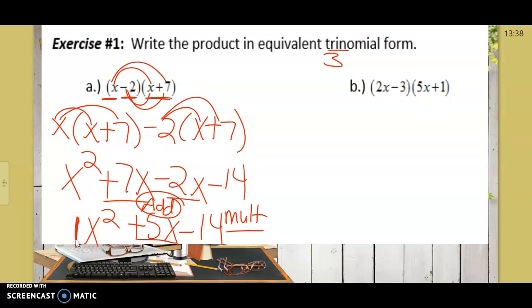It will not always be this easy, like when we have 2x minus 3 and 5x plus 1. Let me take you through how we multiply these. Again, we break it up into 2 parts, separate it, and multiply it by 5x plus 1. So going through this rather quickly, 2x times 5x plus 1, and then -3 times 5x plus 1.